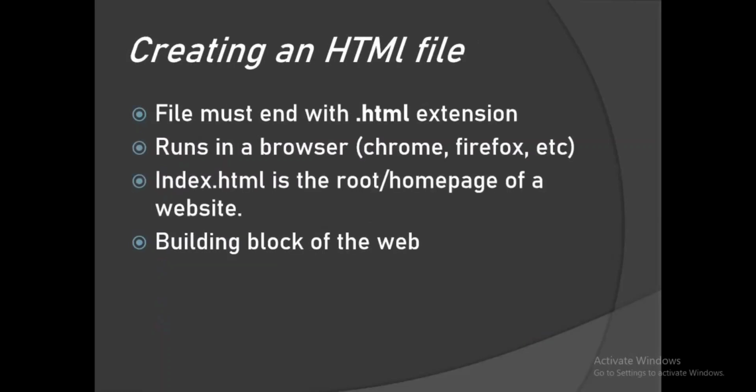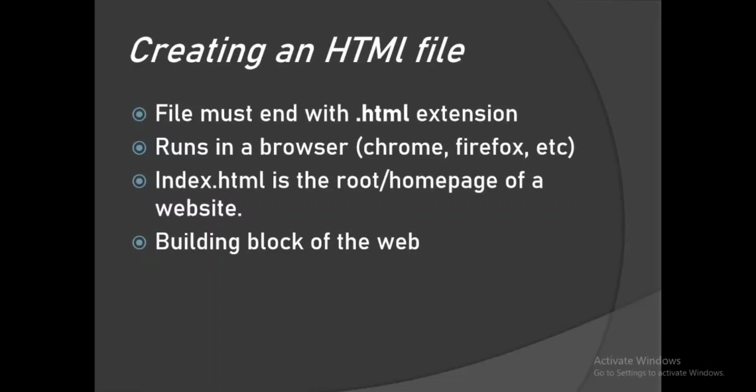Okay, so when we are creating an HTML file, a file must end with the .html extension, just like any other file on the web. If you have an image, it ends with a .png or a .jpeg. If it's a Google Docs, it ends with a .docs extension.